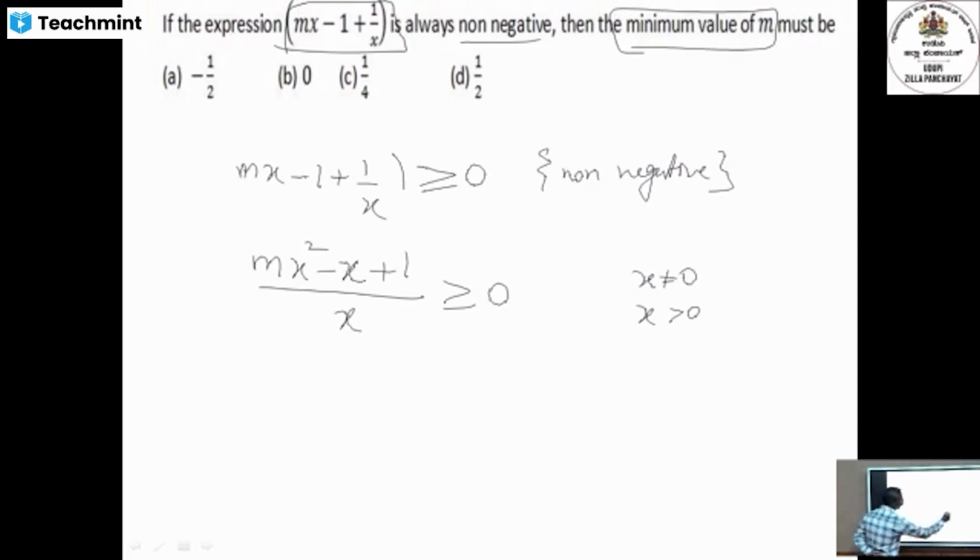So x is not equal to 0. So if x greater than 0, then mx square minus x plus 1 should be greater than or equal to 0.